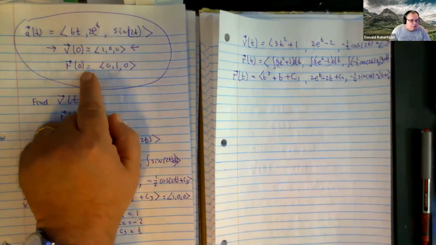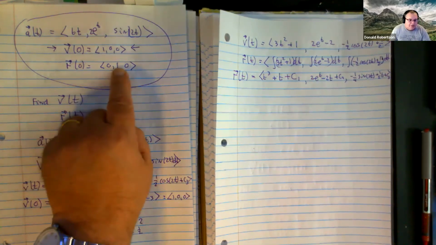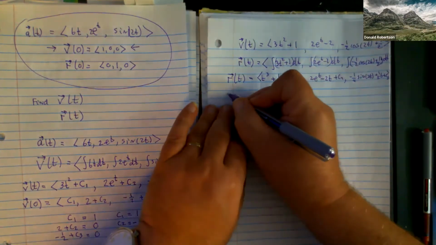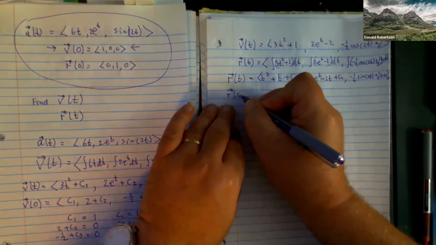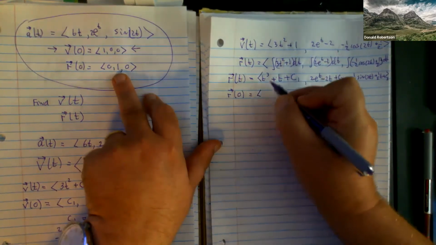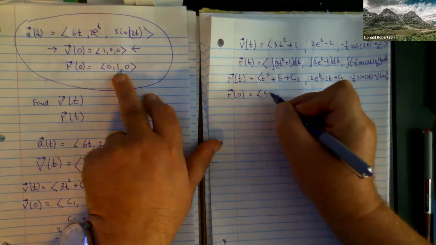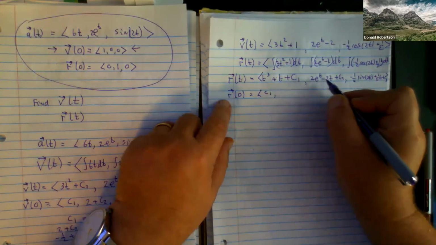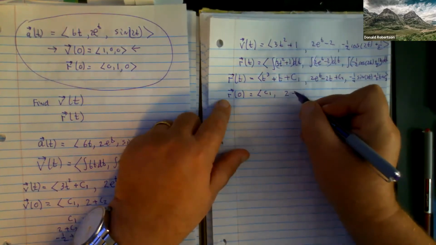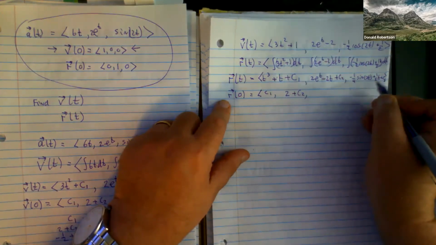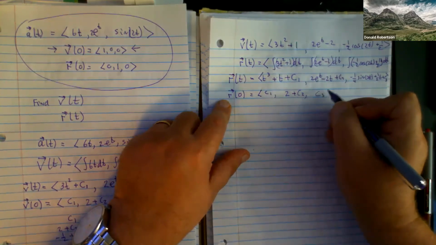And now we're going to use this to figure out who C1, C2, and C3 are. So I know the position at 0 is 0 cubed plus 0, that's C1. 2 lots of 0, which is 2, take away nothing, plus C2. And -1/4 times this is nothing. This is nothing, so you just get C3.